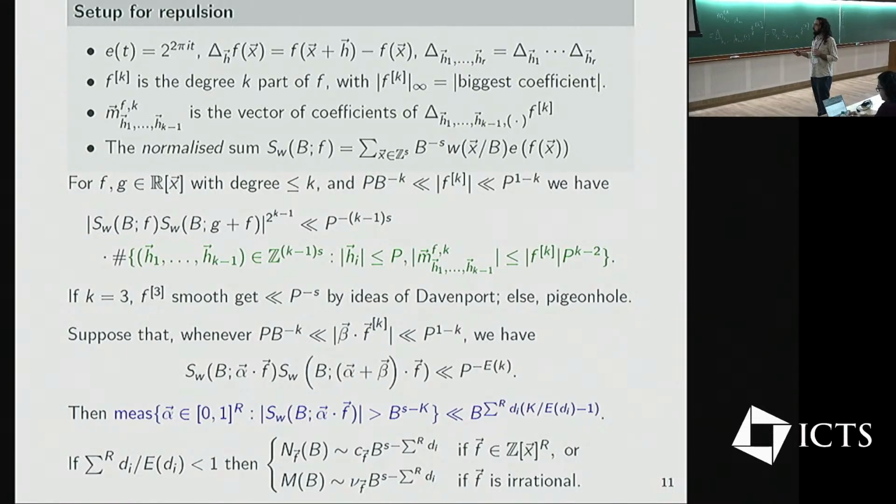If you can get a good enough bound for this counting function, then you win. Okay, so that's how repulsion works. This is real repulsion, not p-adic repulsion. And when I say small, I just mean small in the ordinary sense. So this should be like the sup norm of this vector or something.